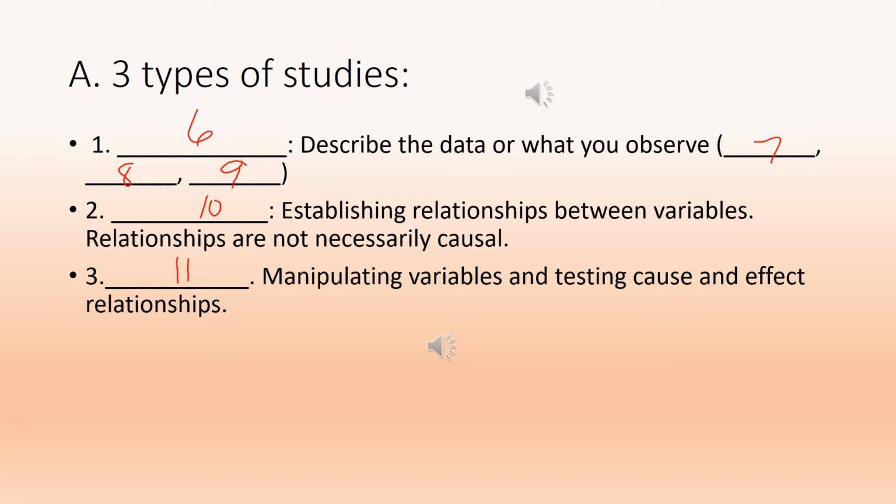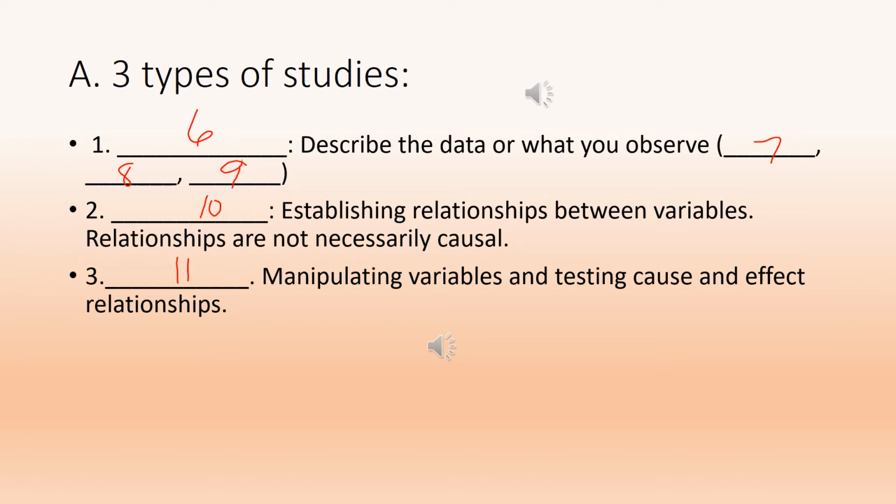Number 8, this is when you watch people in their own natural setting. And number 9, this would be a questionnaire. Number 10, this is a type of research method that looks at relationship between variables.